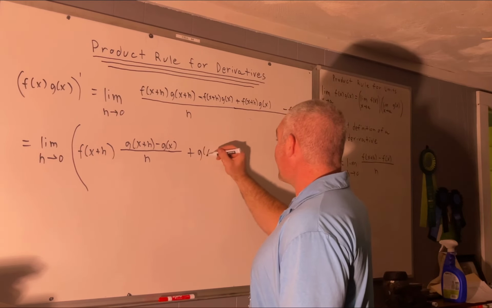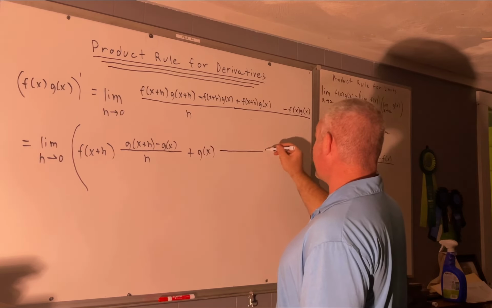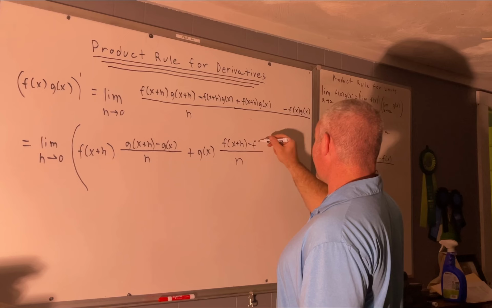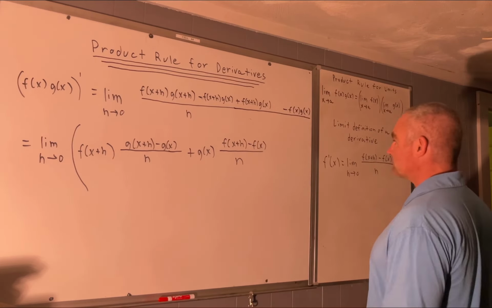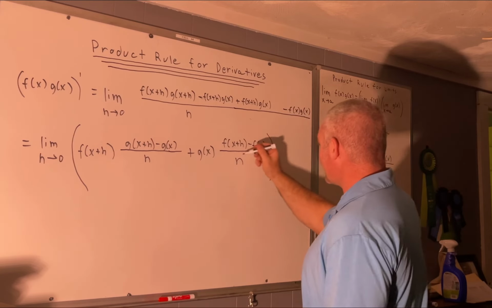G of x, and then what would we have? We'd have something over h, of course. And then we would have f of x plus h minus f of x. Okay. That looks like an n.